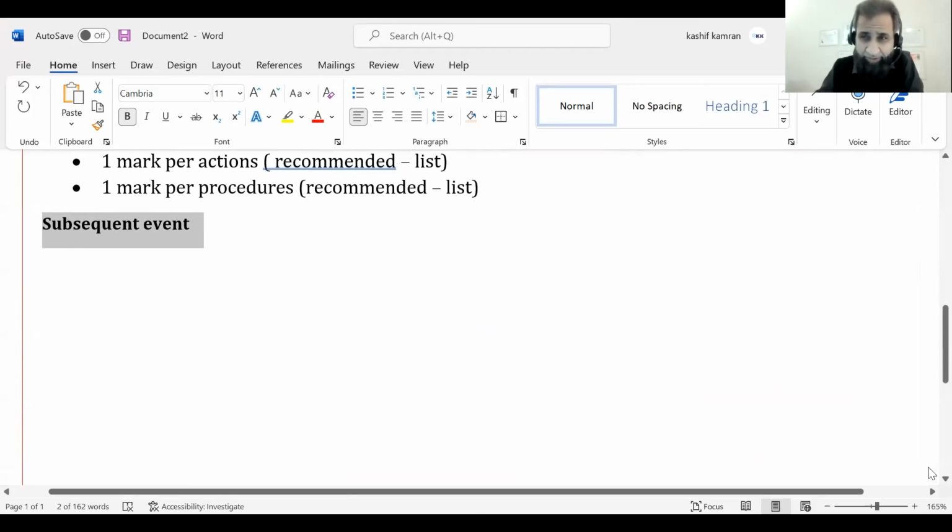If I start writing my answer for subsequent event, I would first be telling the examiner to comment on the inconsistency.